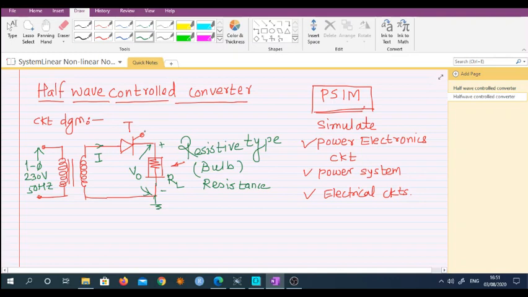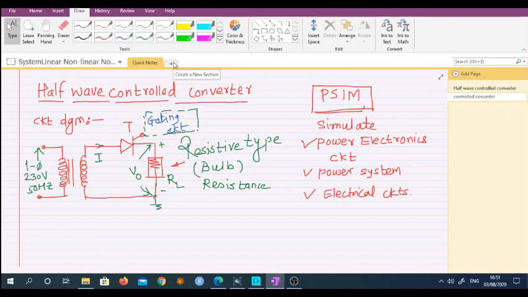And a very interesting thing, which is not shown over here, which is hidden, is nothing but the gating circuit. So what is meant by a gating circuit? Gating circuit is nothing but the pulses which are essential to turn this SCR on and off. Okay, so this is the circuit we are interested in.